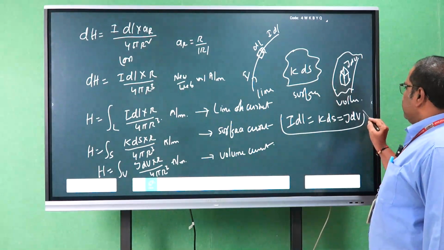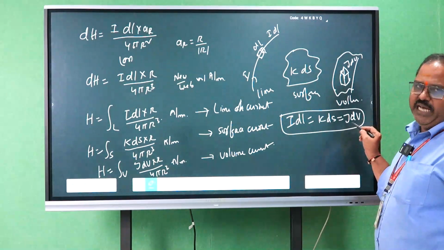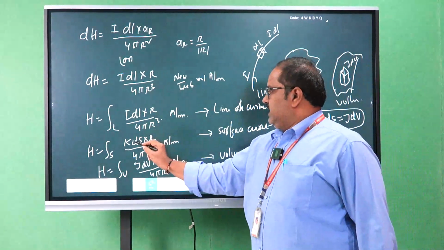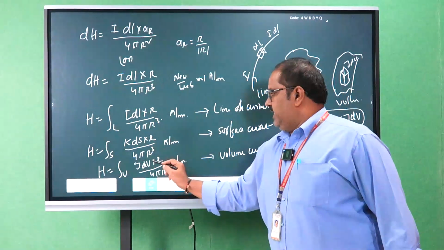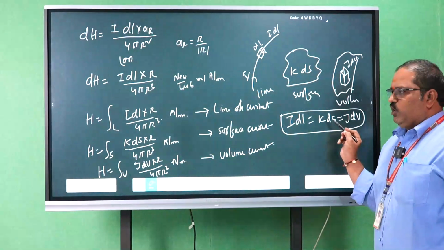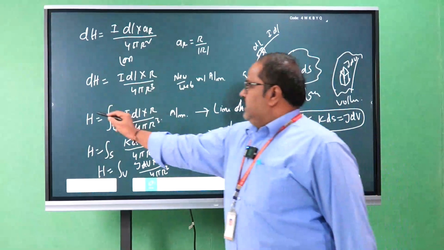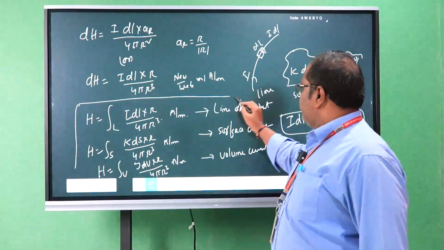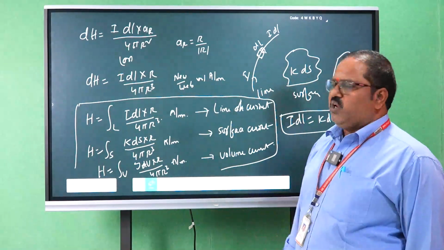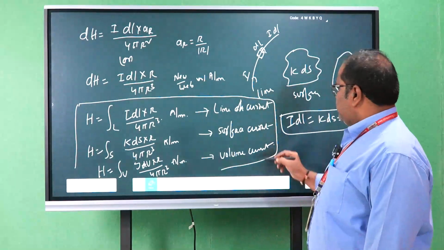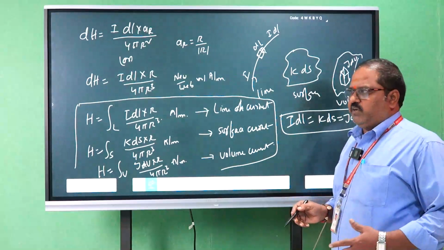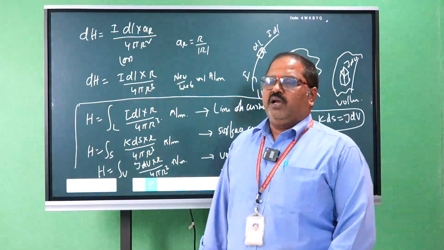Therefore, line current, surface current and volume current are replaced with I dl, K dS, and J dV respectively. This is the current distribution in the magnetostatic field according to Biot-Savart's law. This is the basic concept of Biot-Savart's law, used to derive the expression for magnetic field intensity.